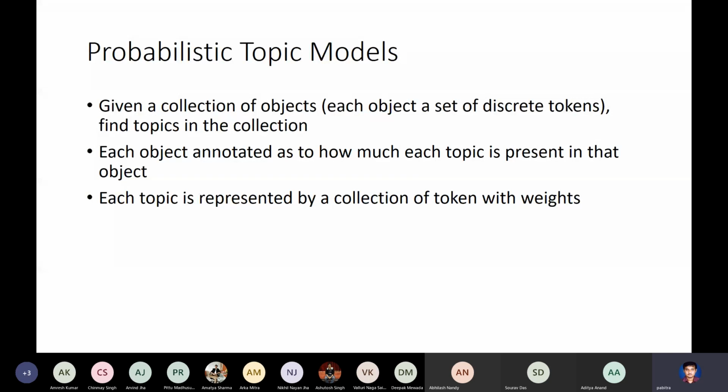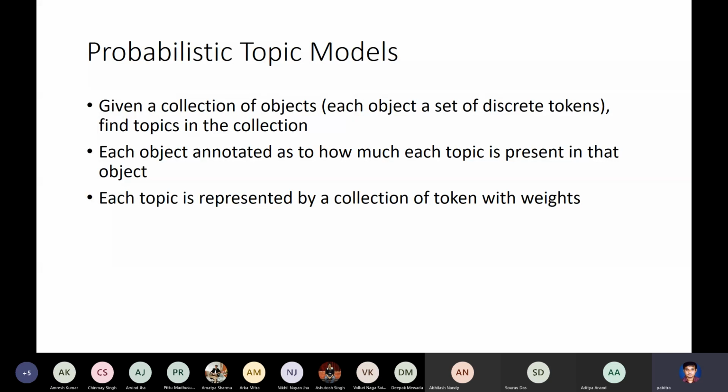That means you have a number denoting how much that topic is associated with a document. Similarly, every topic is nothing but a collection of words or tokens, again according to some weights. So you have a two-way thing. A document is a collection of topics and a topic is a collection of words.